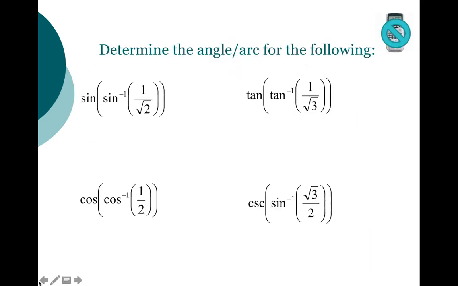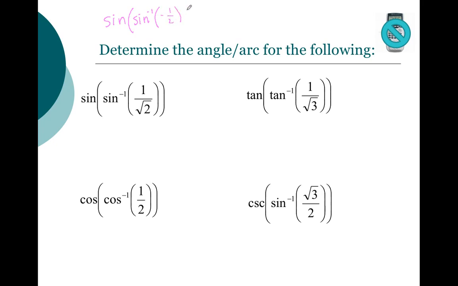What would happen? Oh man, what would happen if I did something that wasn't in quadrant 1? Let's try this. What if I did the sine of the sine inverse of negative 1/2?